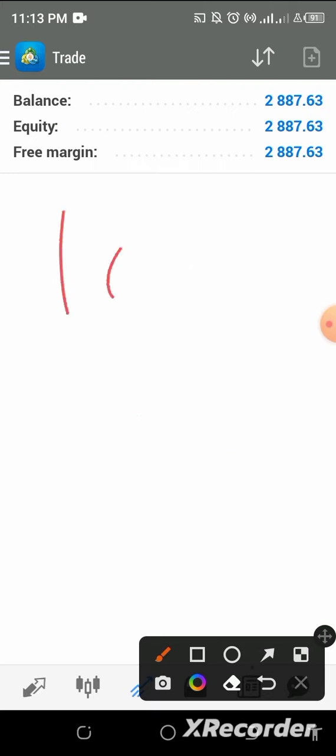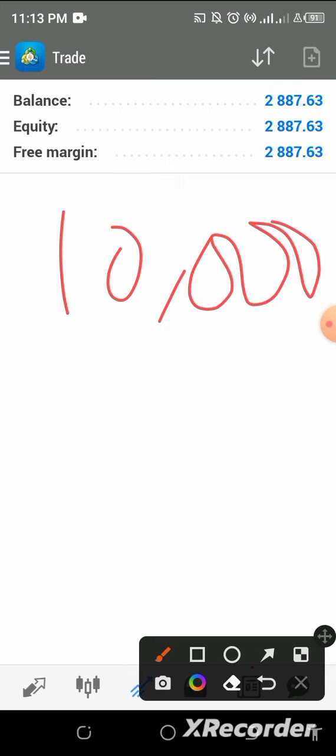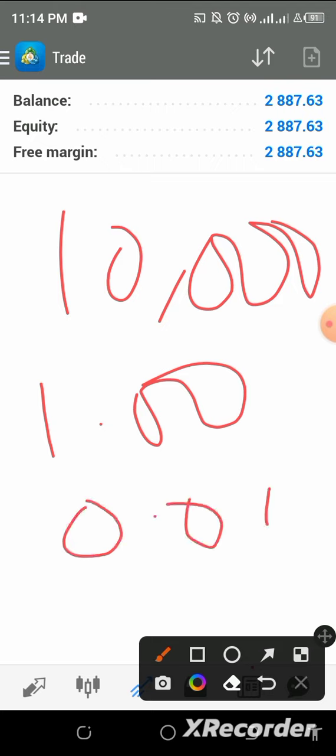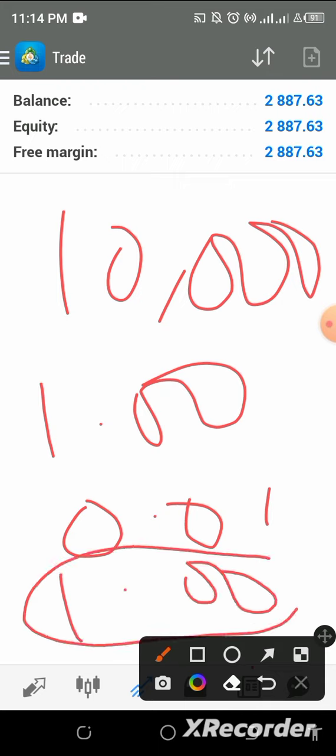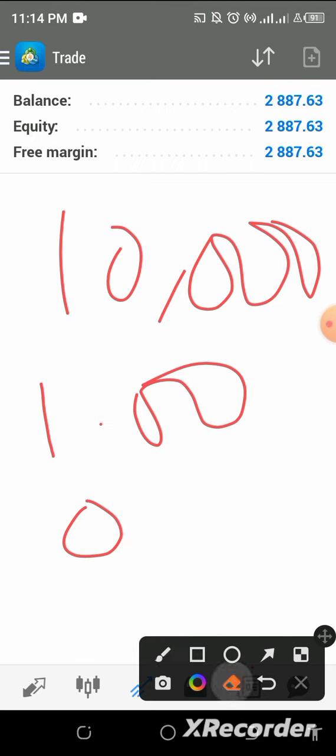Then on a $10,000 account, this one is one standard lot. Guys, there is a difference between 0.01 and 1.00. I'm going to repeat again.